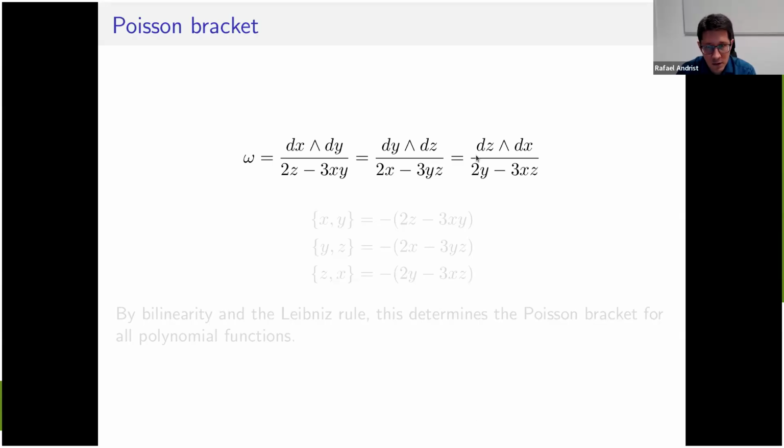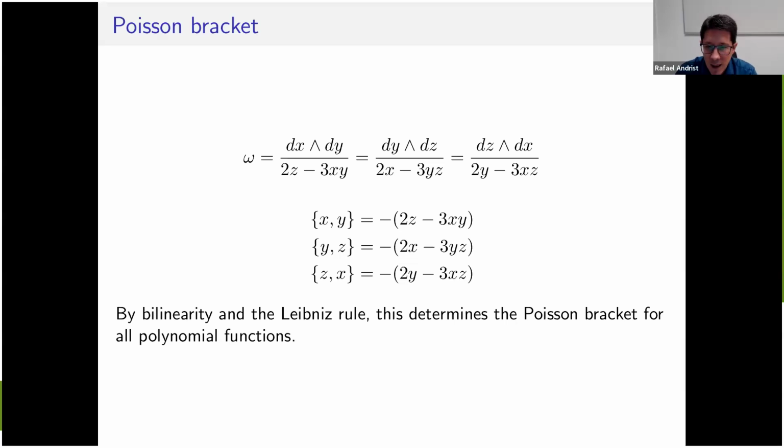So if you look at our symplectic form here on the Markov surface, then you can actually compute the Poisson bracket between x and y, and it will be minus what's written here in the denominator under the dx wedge dy. So that means if you have the symplectic form, you can basically read off the Poisson brackets. And then by bilinearity and the Leibniz rule, we know the Poisson bracket for all polynomial functions, right? So that's very useful.